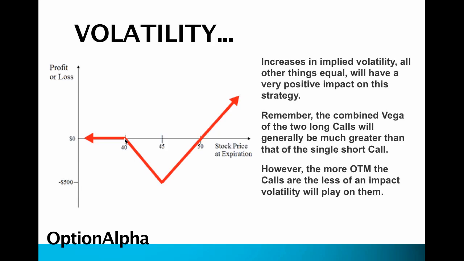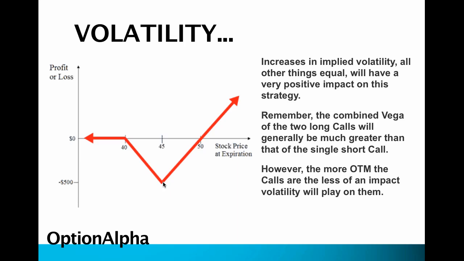So let's talk about volatility. Increases in implied volatility, all other things being equal, are going to have a very positive impact on the strategy. Remember that when we were building this strategy, we were short 1 at 40 and long 2 at 45.